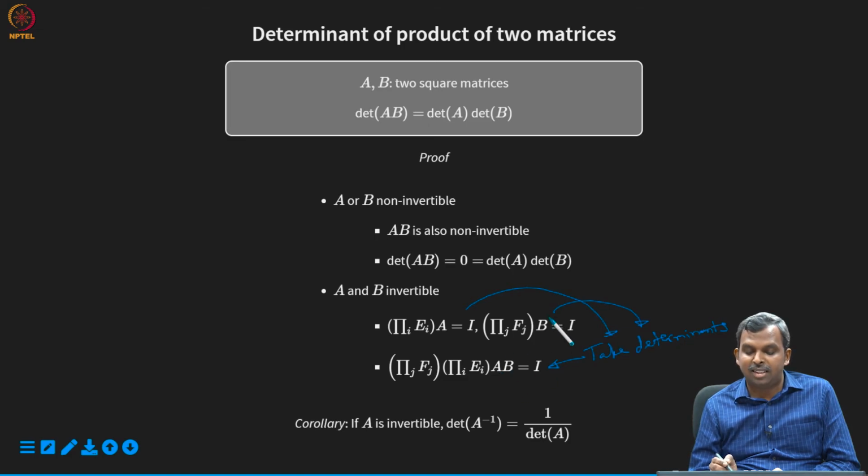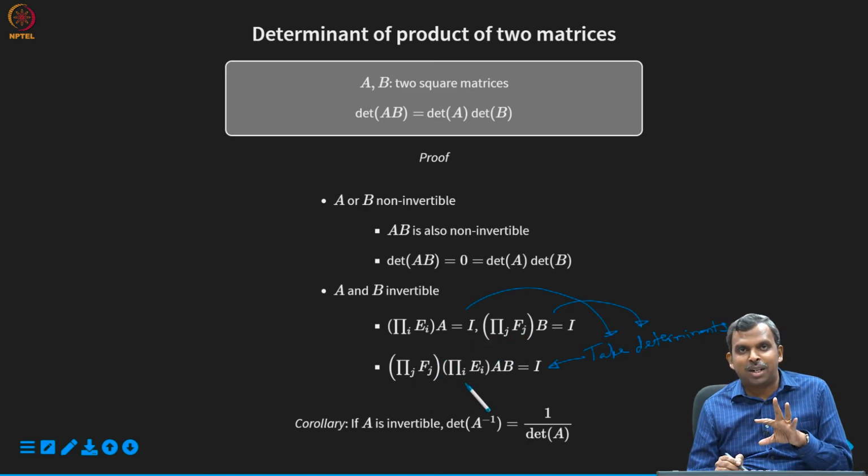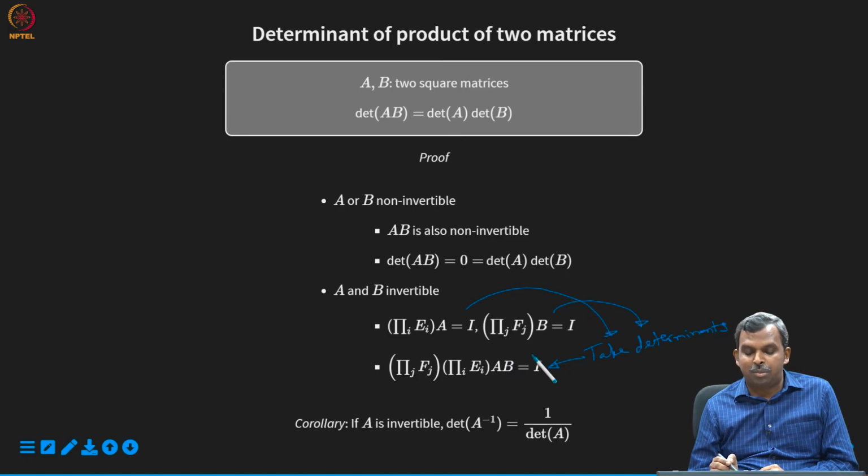It's quite an easy result that you can quickly do. You simply take determinants on both sides, and because these are all elementary row operators, we know you can take the determinant inside, and then you will get the determinant of AB is the determinant of A into the determinant of B. It's easy to do. I'm not writing down the full steps here. This is the crucial idea. Once you do this, you're done.